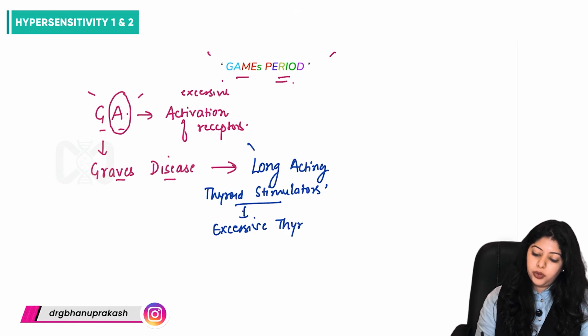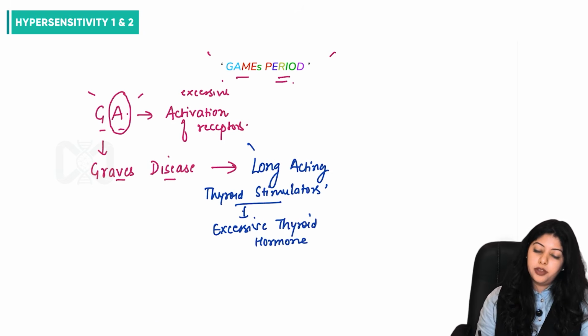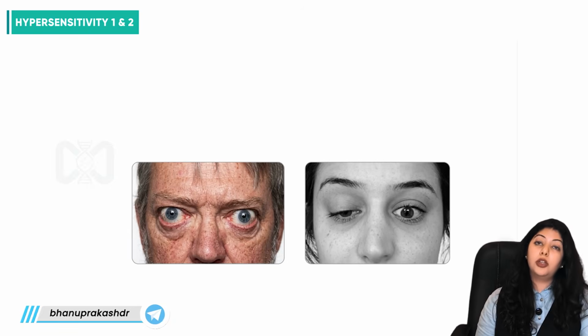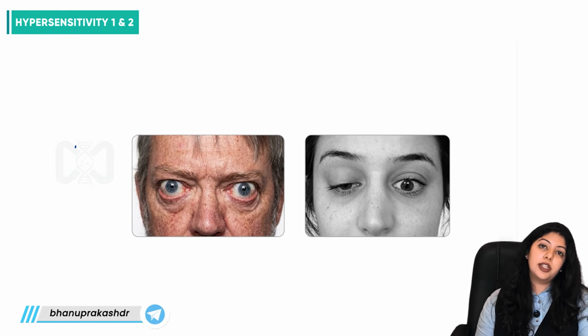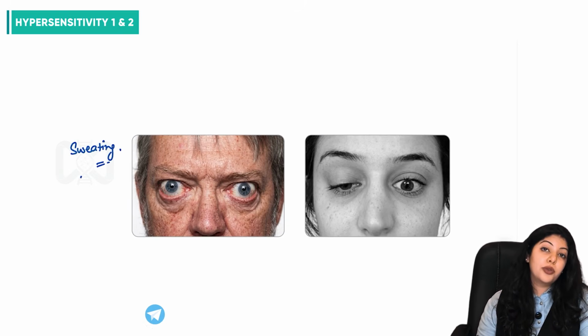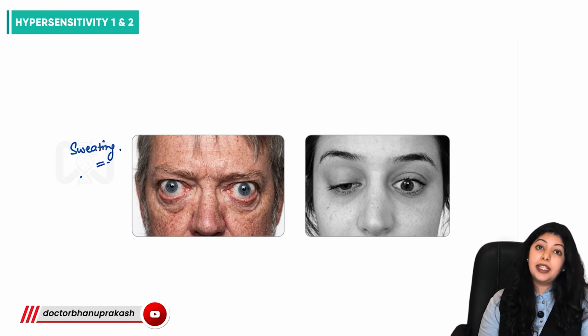Excessive thyroid hormone. So as a result, what is occurring? There are a lot of manifestations of Graves' disease, like sweating, heat intolerance, diarrhea, and then cardiac manifestations as well, tachycardia.